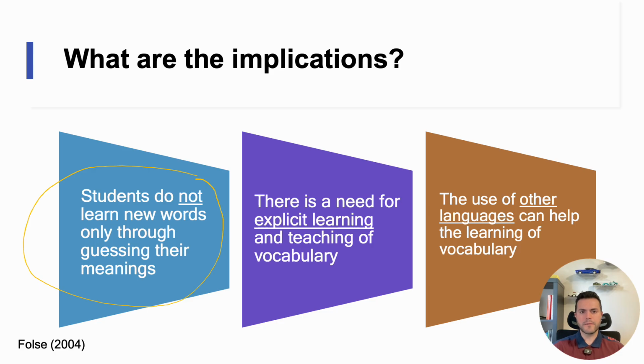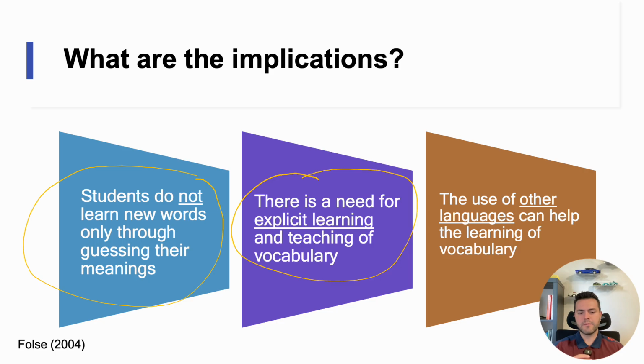Students don't reliably learn new vocabulary items just by guessing meanings. And this is in coherence with what Nation said. Context is important, is helpful, but not always enough. We need to move beyond the idea that the students will just pick up words over time. The second is the role of explicit learning and teaching.